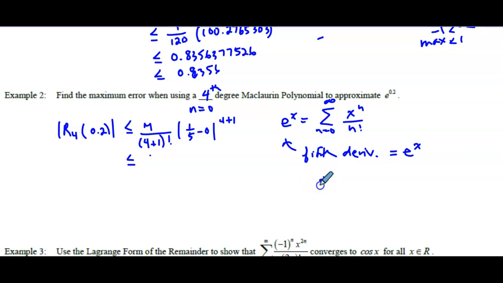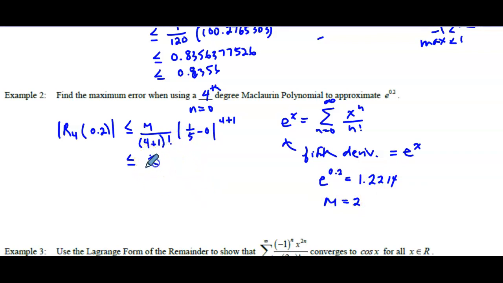So that means if we put 0.2 into that derivative, if you use your calculator, it is 1.2214. So again, we're going to go to the maximum value that's closest to that. It's a natural number, so we're going to let m equal 2. Not 1, even though it rounds to 1. We've got to go up from there. This has to be a maximum.